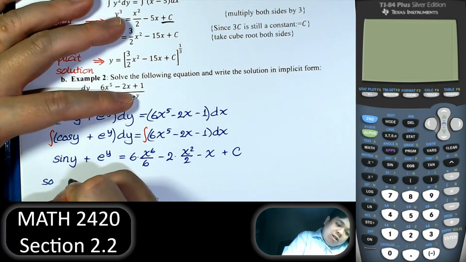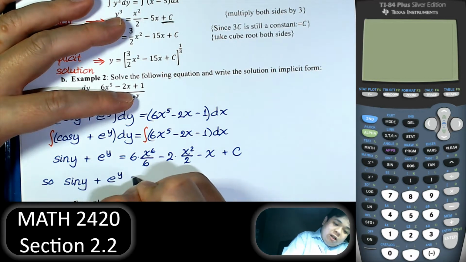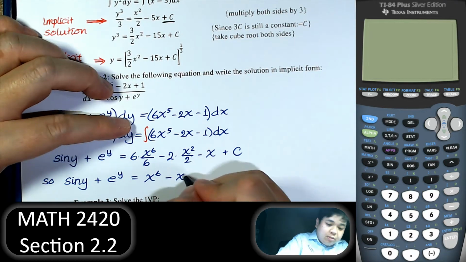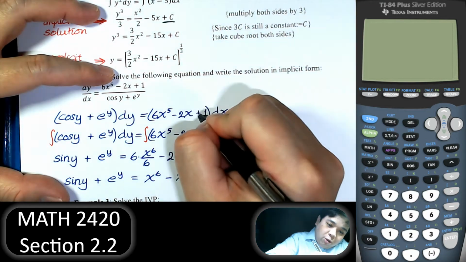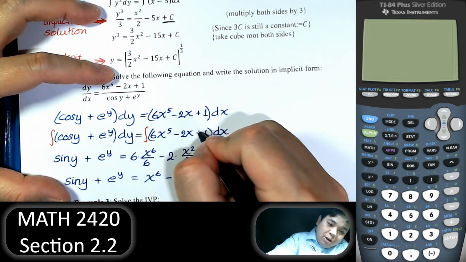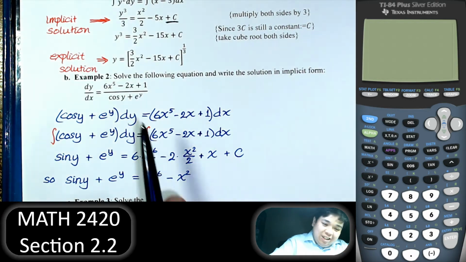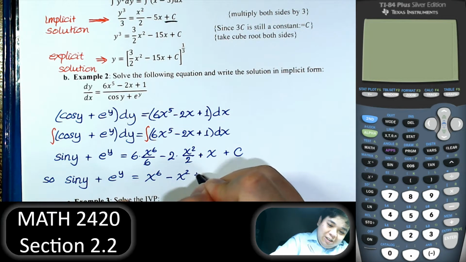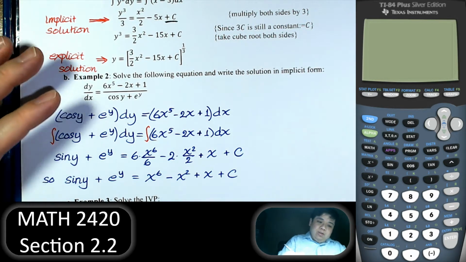So we have sine of y plus e to the y equal to x to the 6 minus x squared. Except, if I copied the problem correctly, this is a plus. So, sorry, that's a plus. So that's what we have.